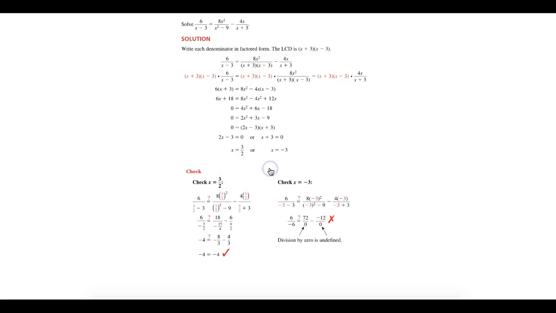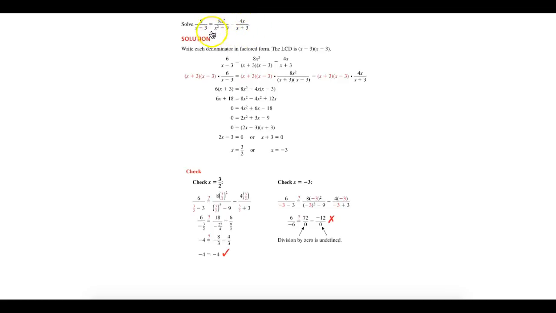However, when you plug in negative 3, you're going to see that in your middle term, negative 3 squared minus 9, and also negative 3 plus 3, are both undefined.